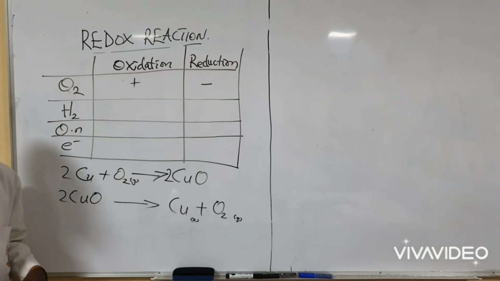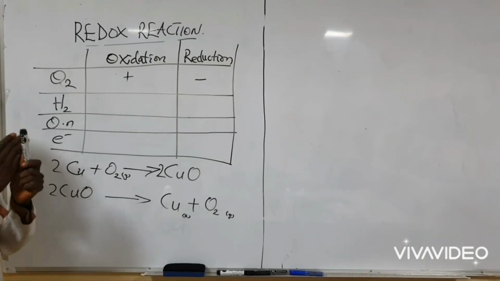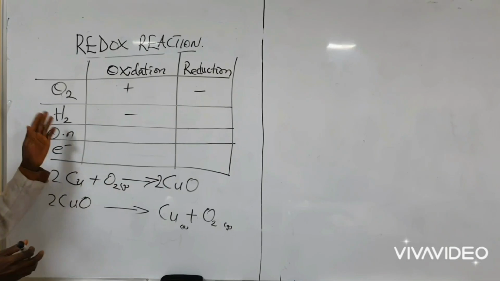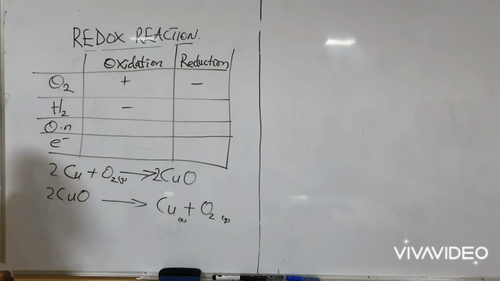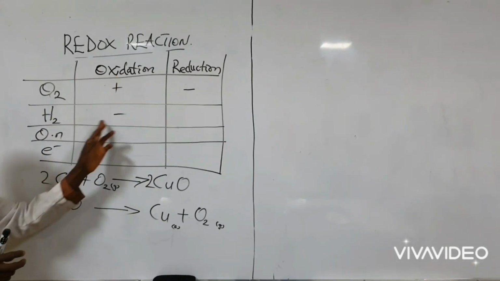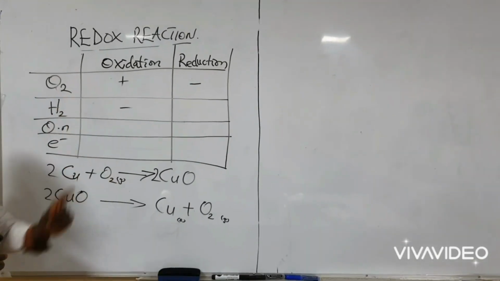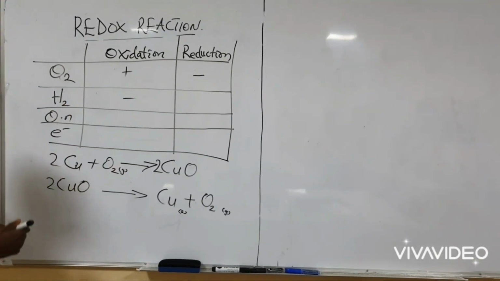In terms of hydrogen, removal of hydrogen from a substance is what you call oxidation. Let's look at this equation as well.